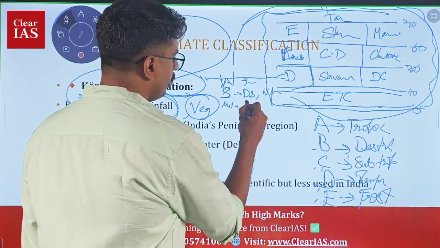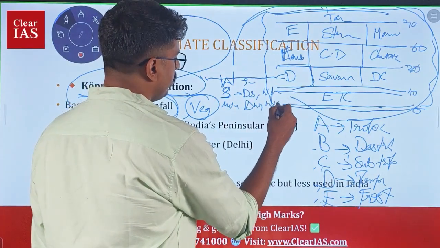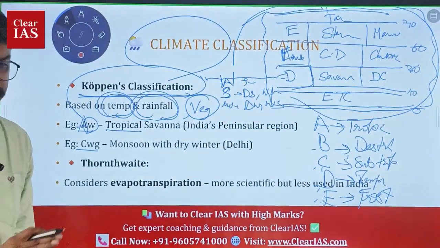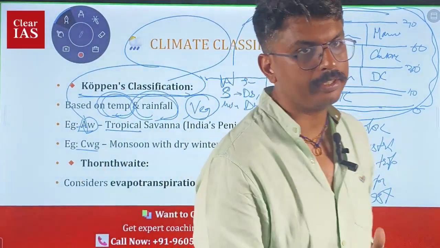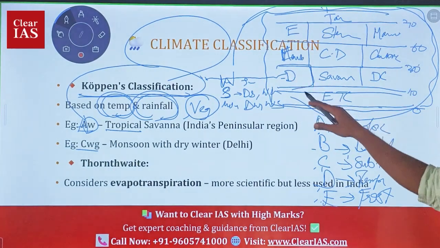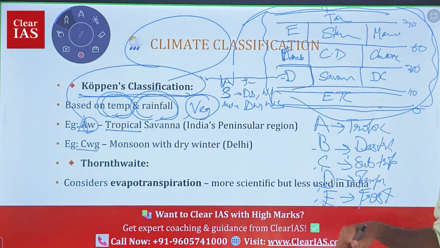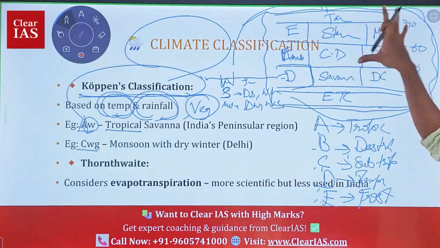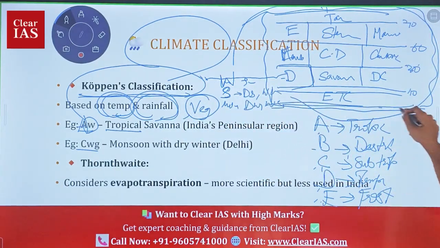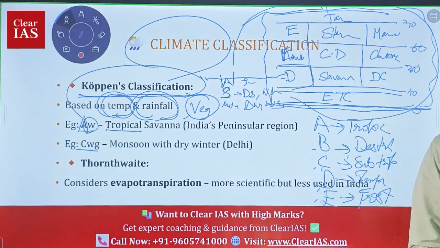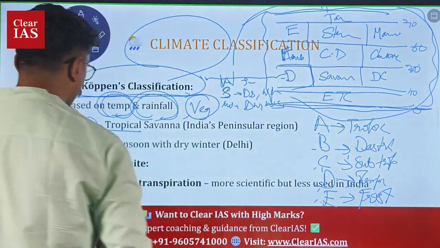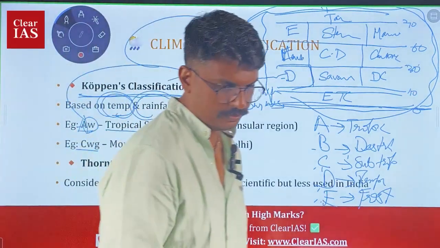So he used letters like this. Don't worry, we are not jumping into the letters right now. And he classified the entire world climate into different zones, and he gave us a cheat sheet. So I take this cheat sheet and put it in front of any continent with the equator line matching. We can understand the climatic regions of that place.